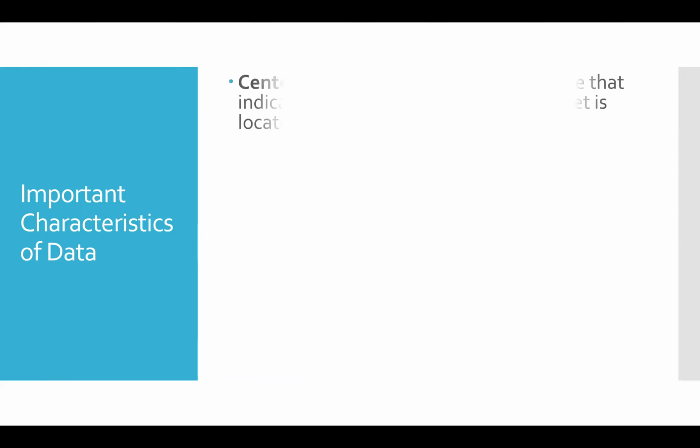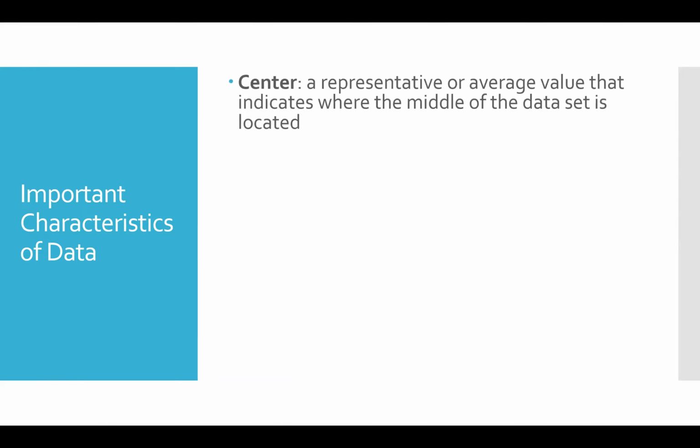Those are the center. The center is a representative or average value that indicates where the middle of the data set is located. So the center looks at where the middle, or what people often refer to as the average, is located.